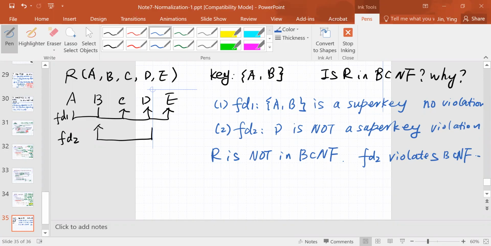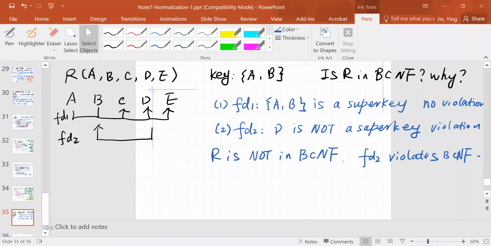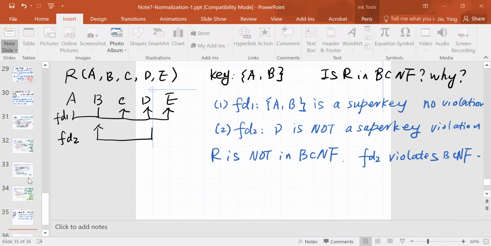So another thing we can do is use something similar to this to ask another type of question: give you a relation with keys and functional dependencies, and ask which normal form that particular relation is in. So this can be a more practical question.